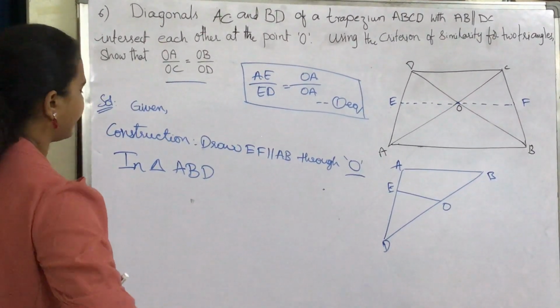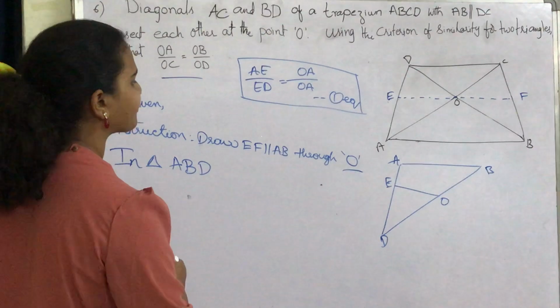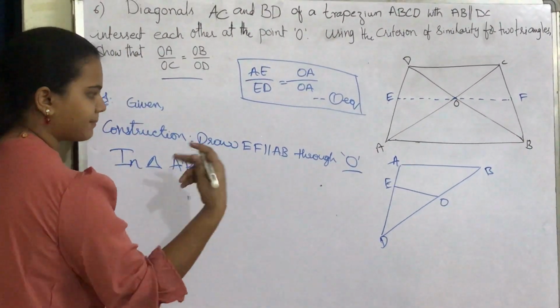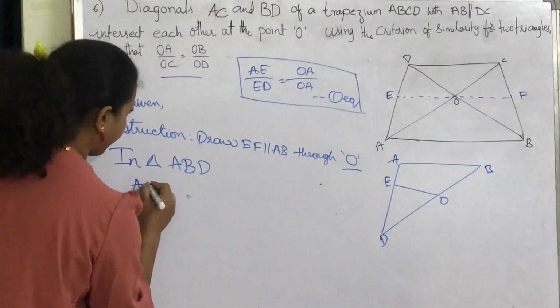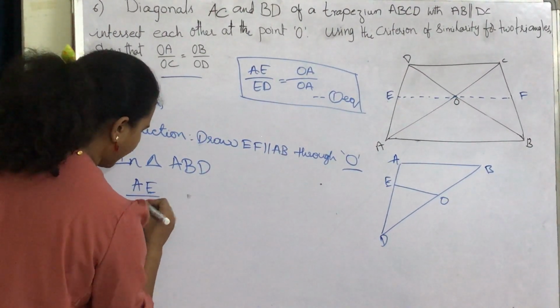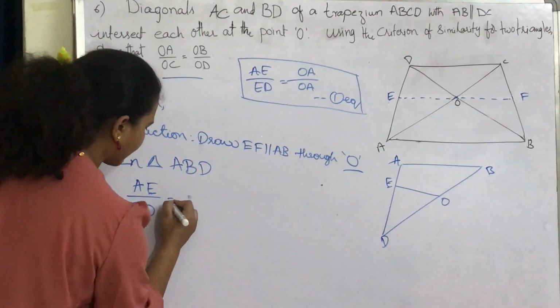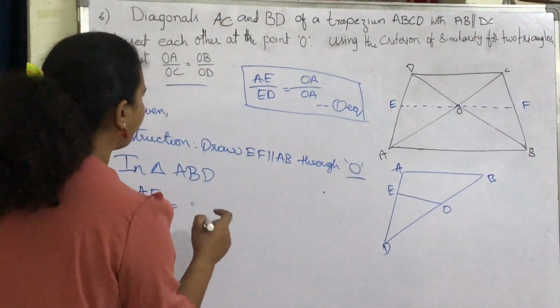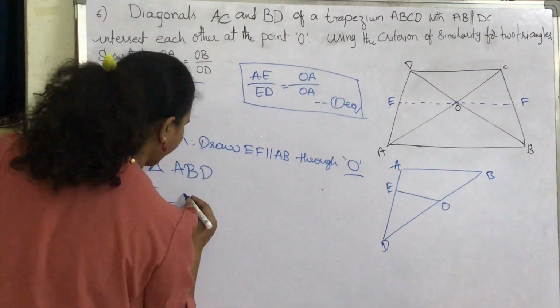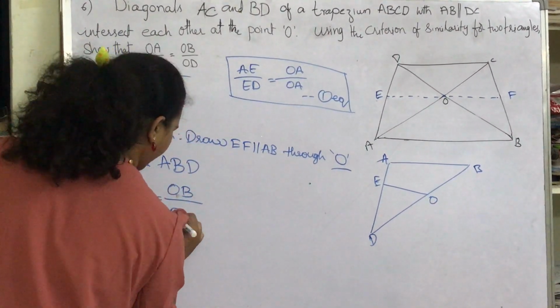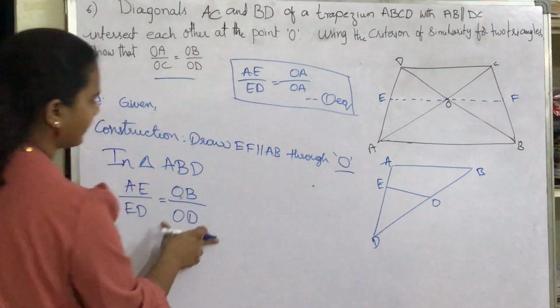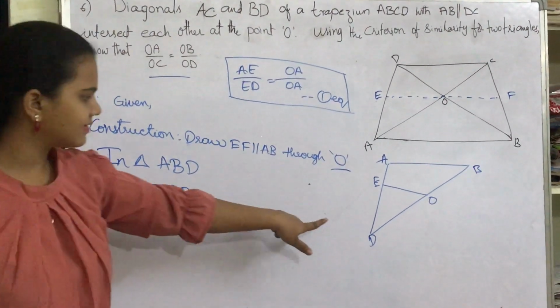So in triangle ABD, using the basic proportionality theorem, AE by ED equals OB by OD.